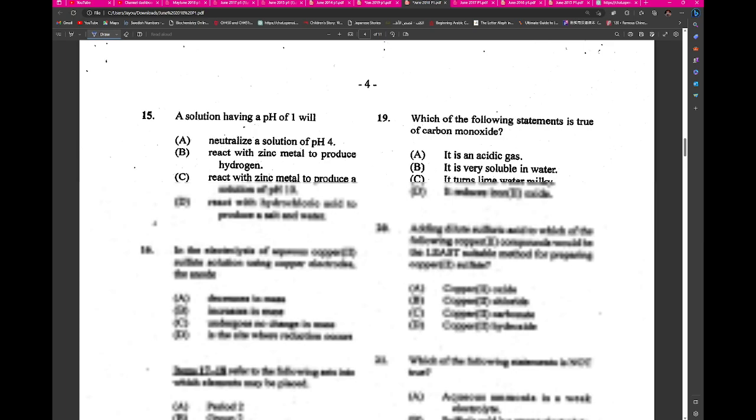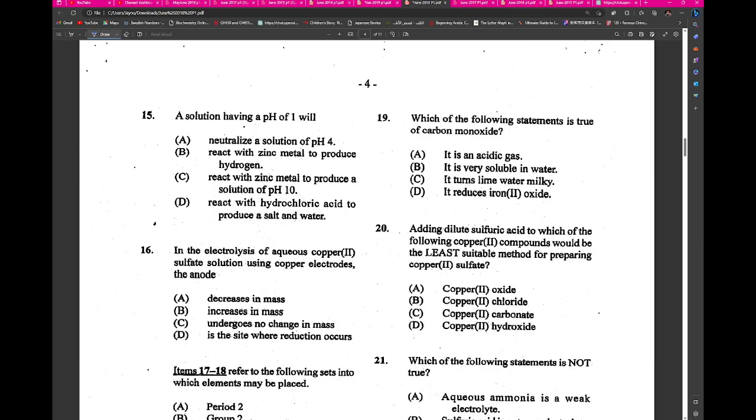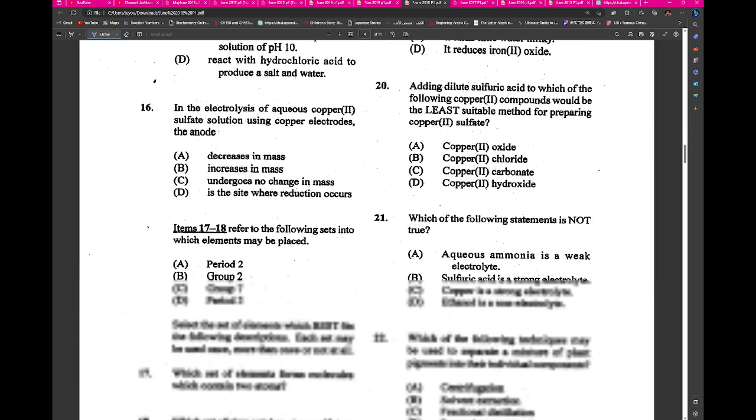A solution having a pH of 1 will react with zinc metal to produce hydrogen. Acid and metal. Right? The electrolysis of aqueous copper sulfate solution using copper electrodes, the anode will decrease in mass.